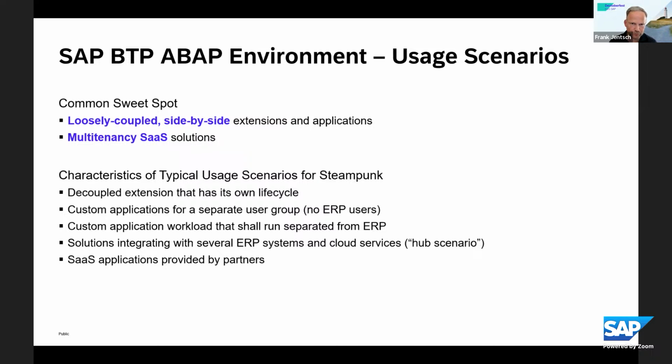The same is true for the workload, similar to users. And when it comes to how the data is handled and managed, we also saw a couple of hub scenarios where customers want to consolidate data in a central system and then use it for other cloud scenarios.